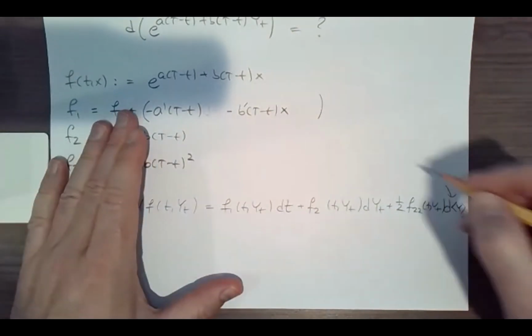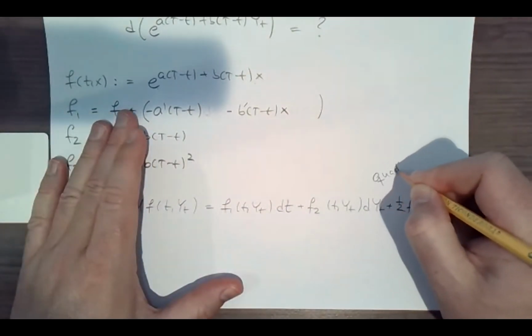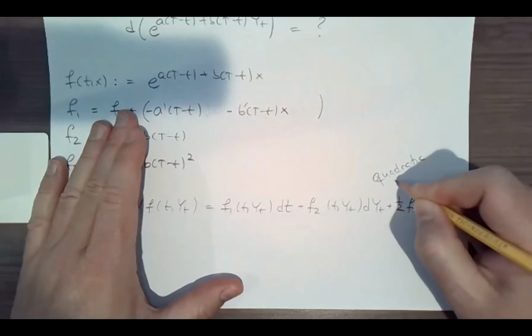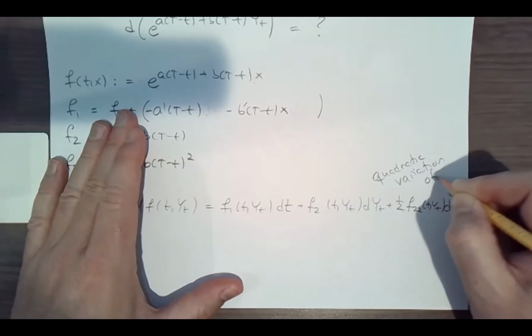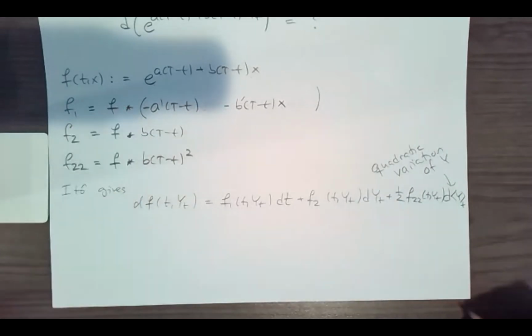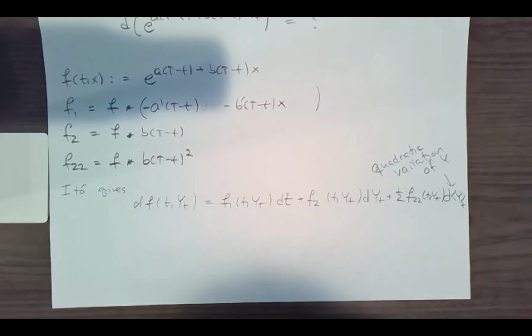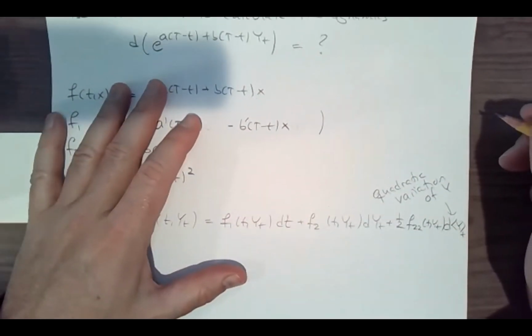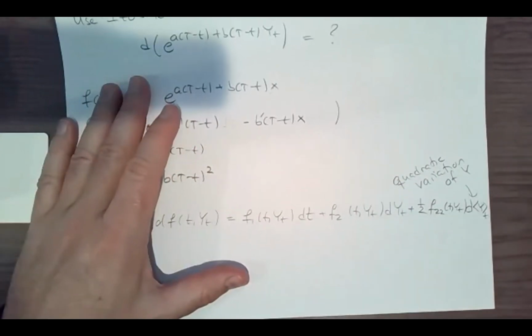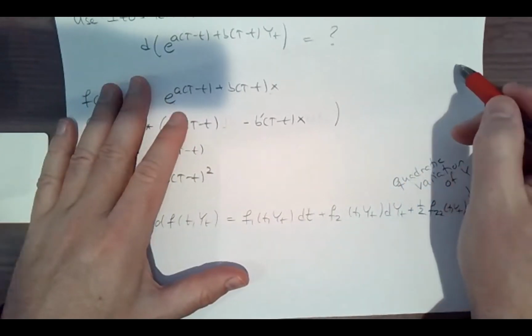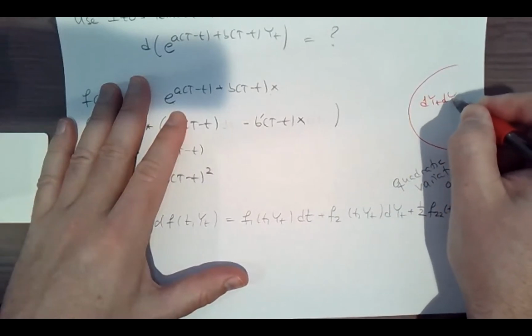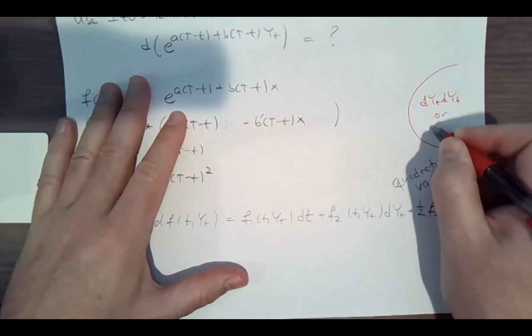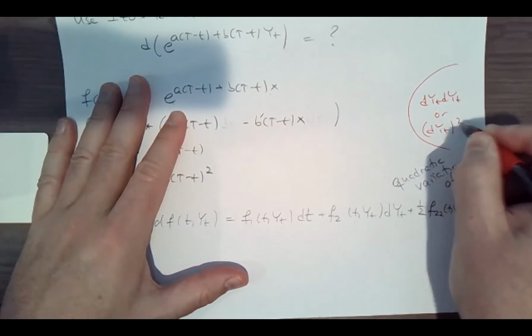This one here is the quadratic variation of Y. Some people you might also have seen something like d Yt, or you might have seen something like dYt squared.